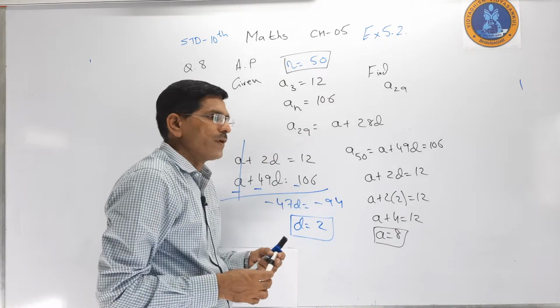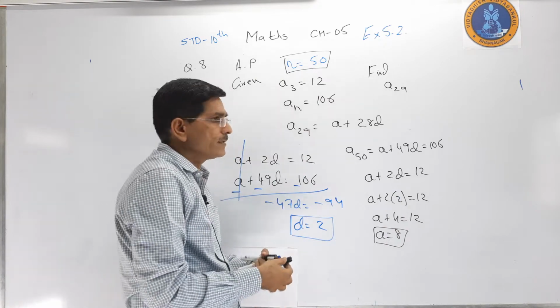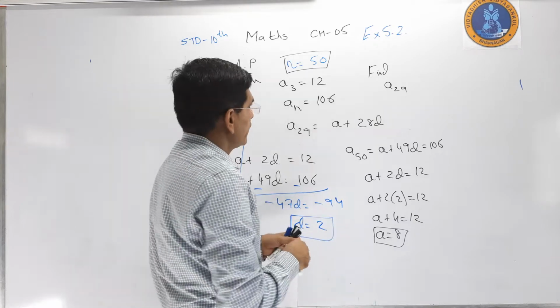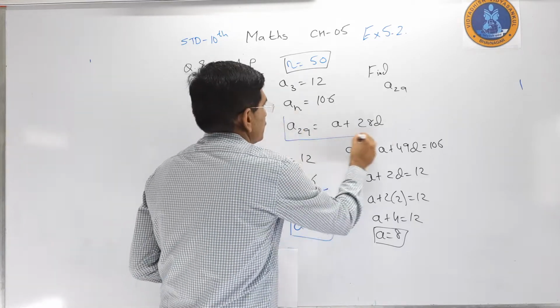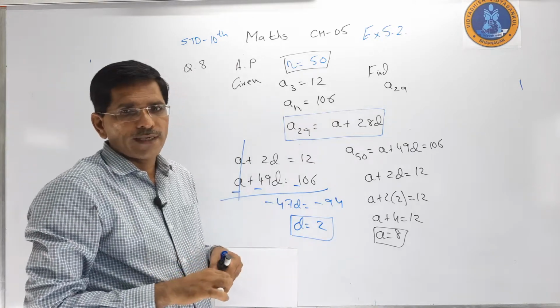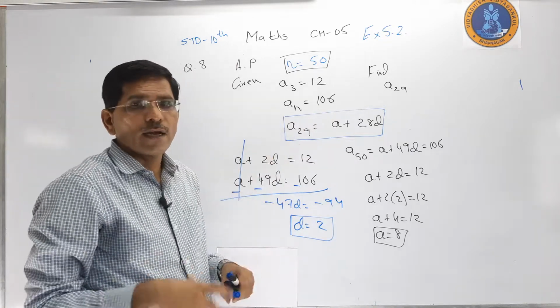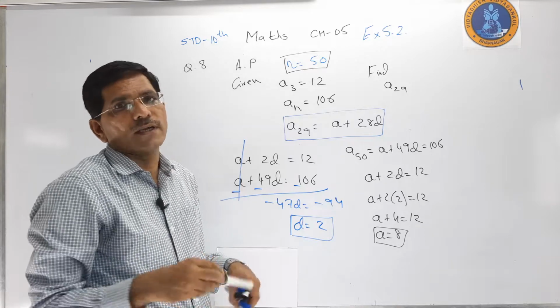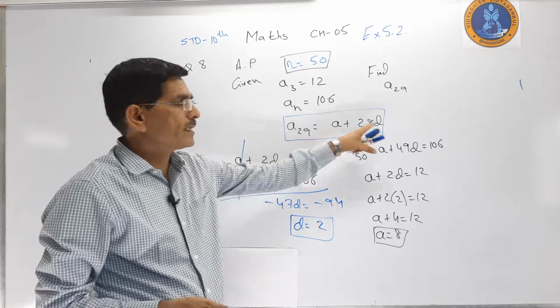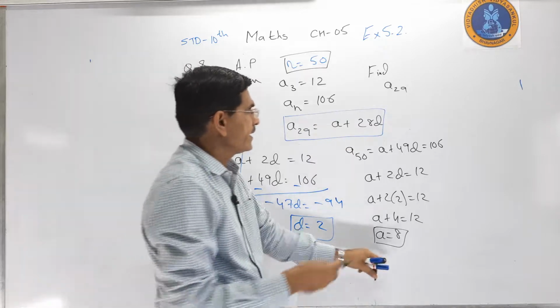So the value of A that we get is 8, and what I have to find out is A29. Now A29 means A plus 28D. Now A is 8.